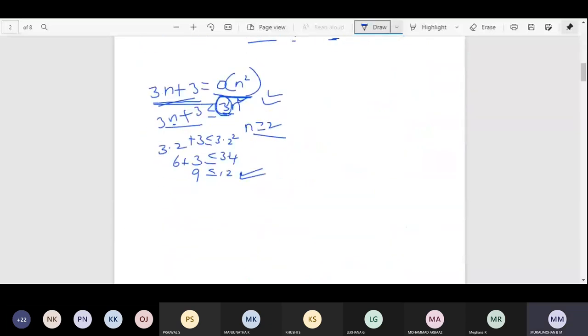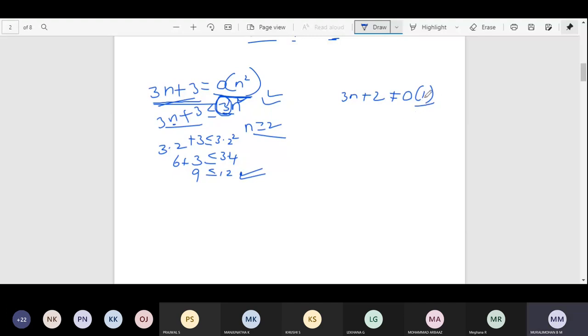Can you respond, please? Similarly, can you prove this: 3n plus 2 is not equal to big O of 1? Can you prove this? See here, g of n is given as the constant 1.